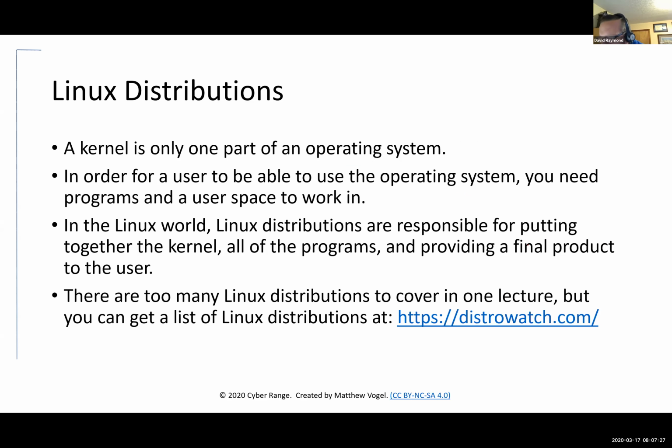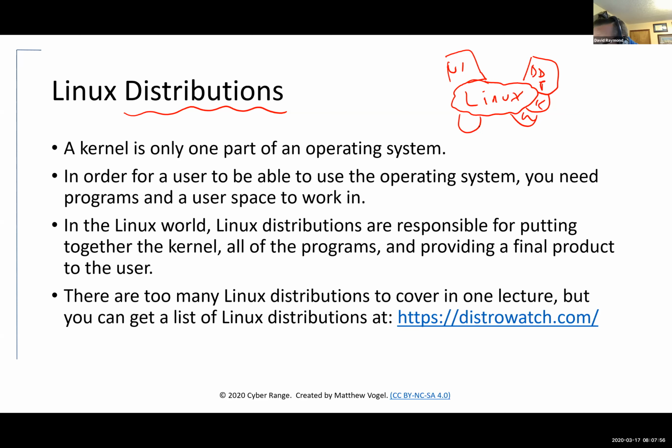And Linux has this notion of distributions. We mentioned that the Linux kernel is the heart of the operating system. So if you think of, in the middle, this kernel called Linux, and then you bolt on all the other stuff, like the user interface and device drivers for your printer and your keyboard and your mouse, and all kinds of other pieces of software that make this thing run, those are all connected onto the outside, and those are part of the operating system.